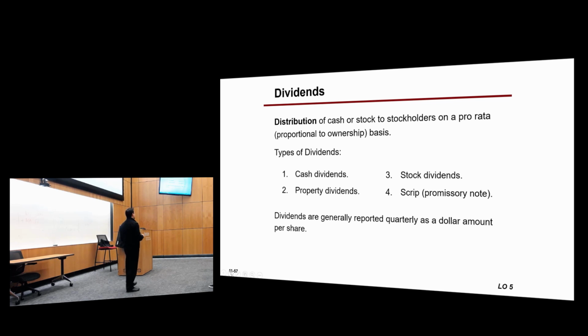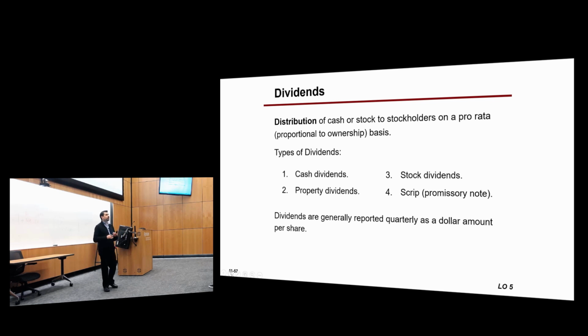This is when the company does not want to pay cash. What they do is they issue additional stocks and distribute them to their shareholders. You also have property dividends and scrip, which is like promissory notes. Those are less frequent, so we are going to focus here on cash dividends and stock dividends.